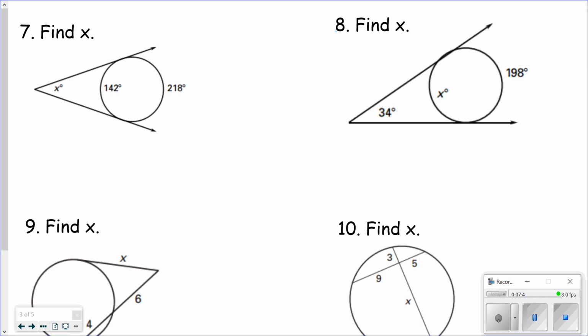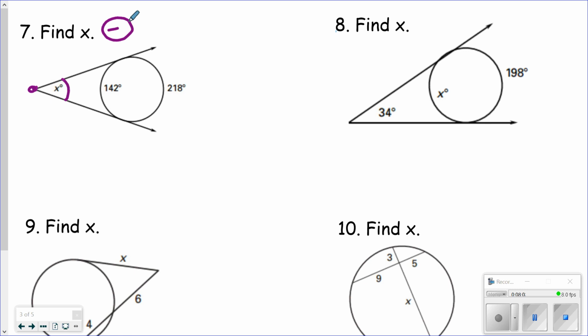Number 7, we want to find the value of x. So we have two secants here, and we see that the collision of those two secants are, let me start over. Those aren't two secants, those are two tangents. So the collision of two tangents is outside of the circle, which means we're going to use the equation with subtraction here.